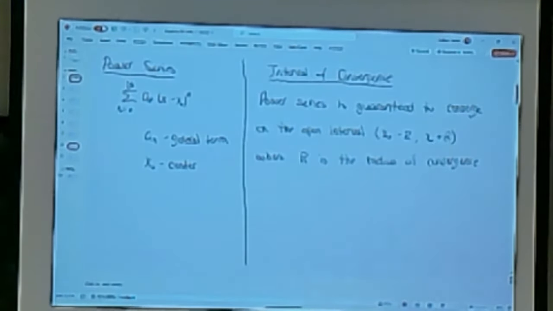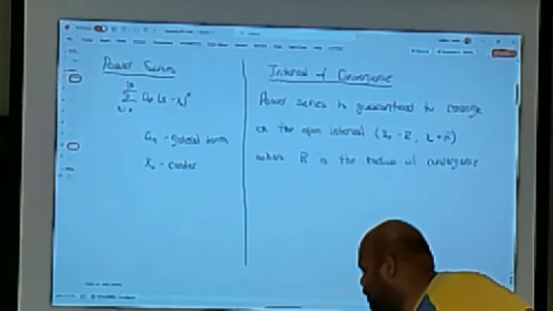A power series is guaranteed to converge over the open interval x naught minus r to x naught plus r. R is called your radius of convergence. And we'll be figuring out how to find that throughout the problems.